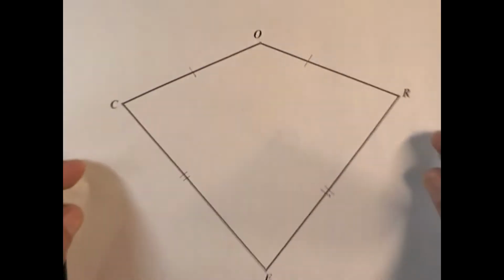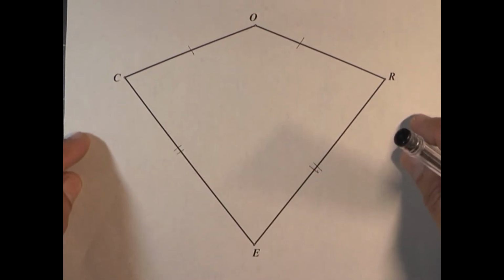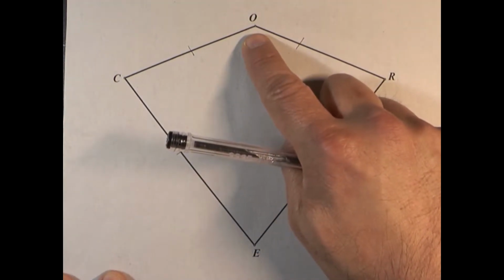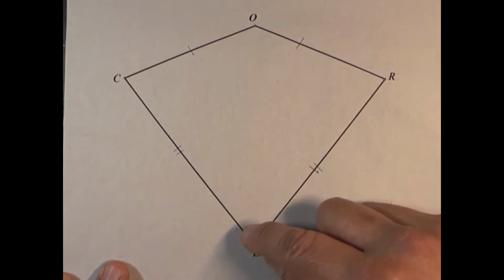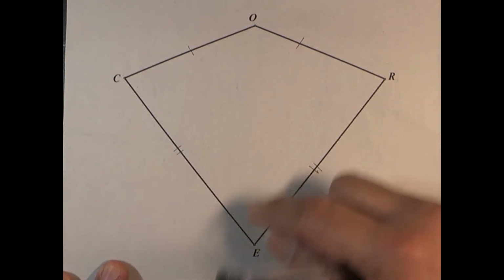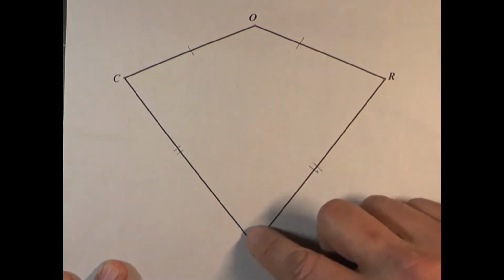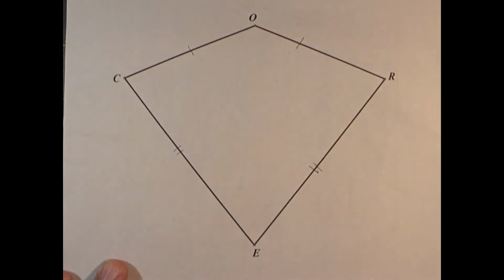Now let's take a look at another kite. I have angle O and angle E as a pair of vertex angles. Do they look congruent? It's rather obvious that angle O and angle E are not congruent.